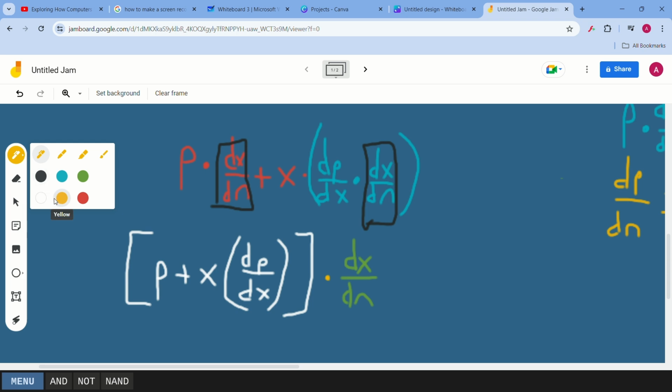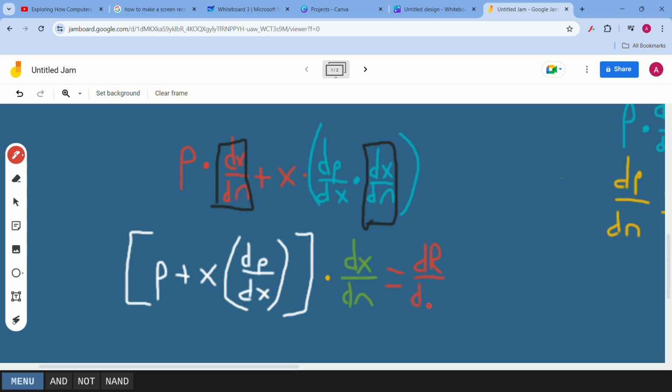So, if you need more practice, or if you need to look at the excerpt more carefully, or in a moment here after I do this dr over dn, the marginal revenue product.